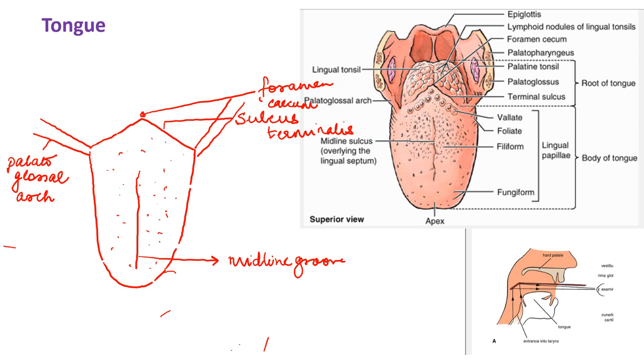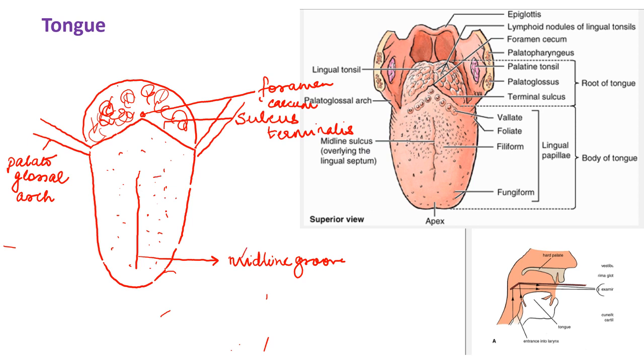Now, the posterior one-third of the tongue has a cobbled appearance, as you can see in this figure also, due to the presence of lymphatic nodules, the lingual tonsil out here.